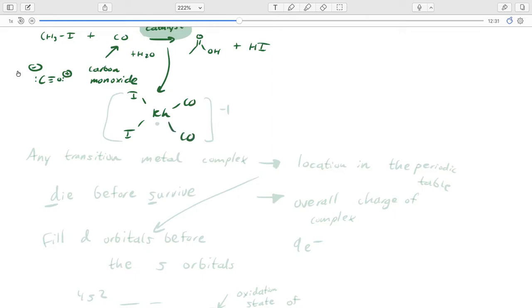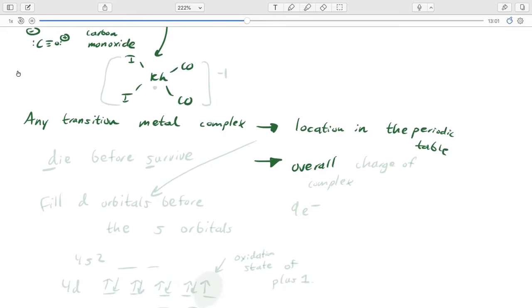Now the first thing we want to do with any transition metal complex is identify its location in the periodic table. And we want to know the overall charge of the complex.